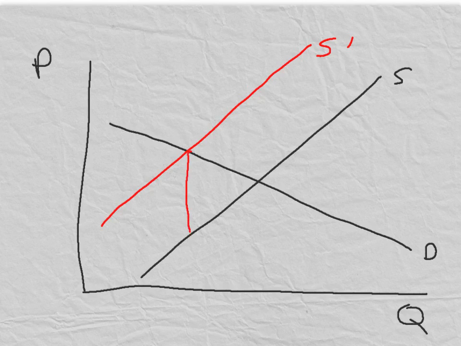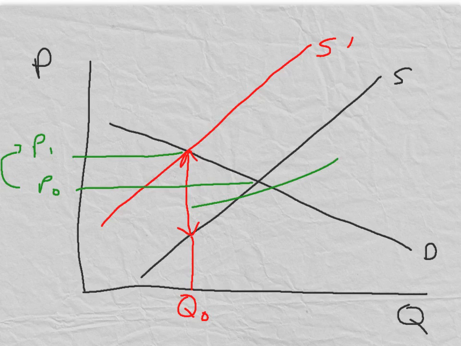The amount of the tax is the vertical distance traveled by the supply curve at the new equilibrium quantity. And what we can see quite clearly is that the price on the market of this product changes much less than the amount of the tax. And this is because the suppliers know that because demand is very elastic, they cannot pass on the tax to the consumer in the form of an increased price.